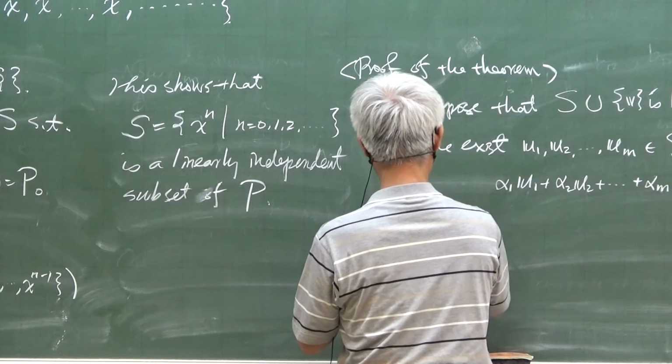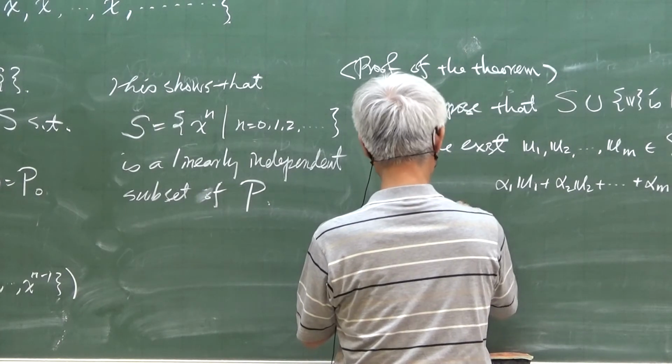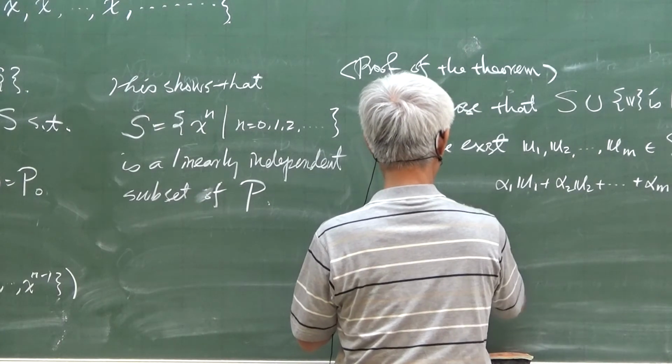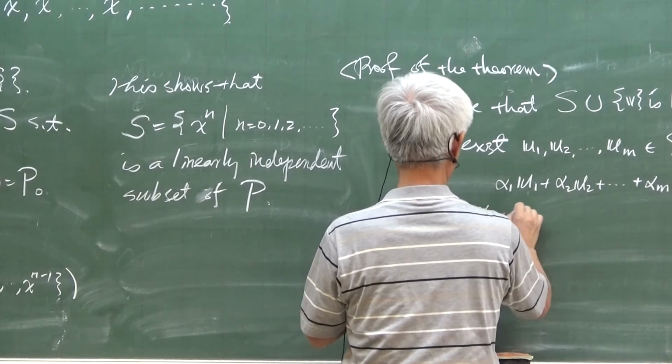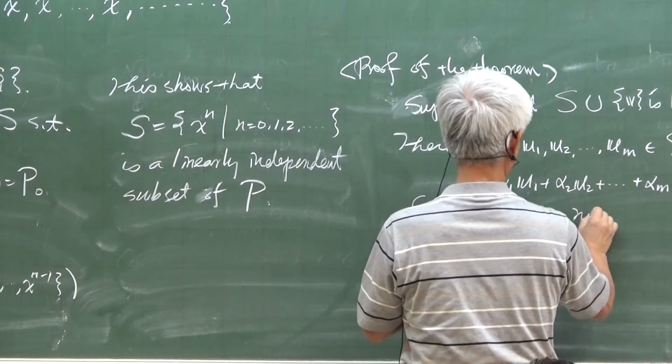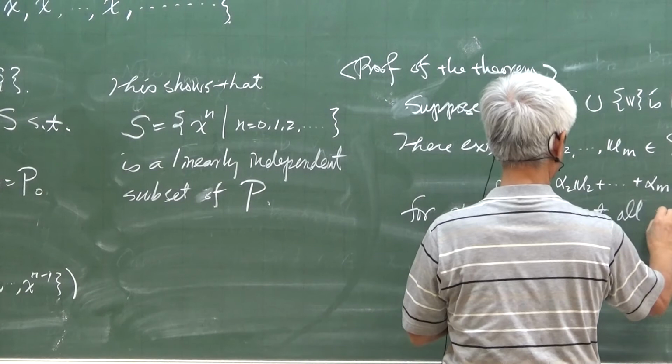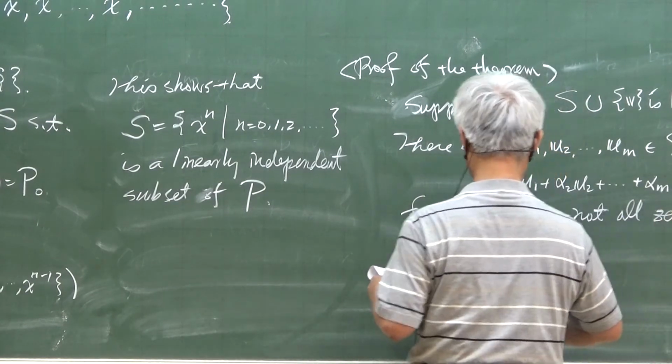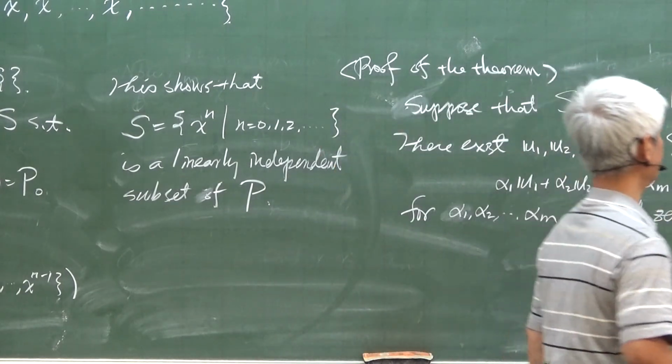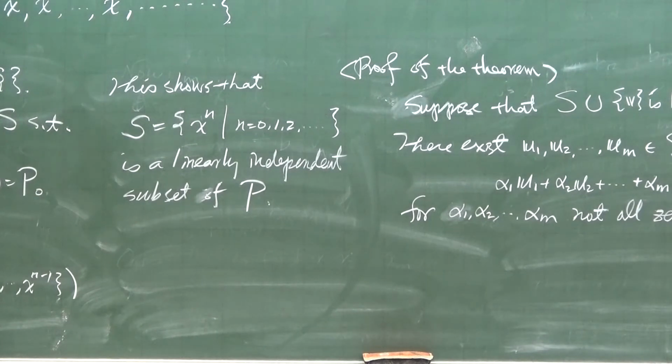for alpha 1 up to alpha m not all zeros. This is a non-trivial linear relation, because we suppose this set is linearly dependent.